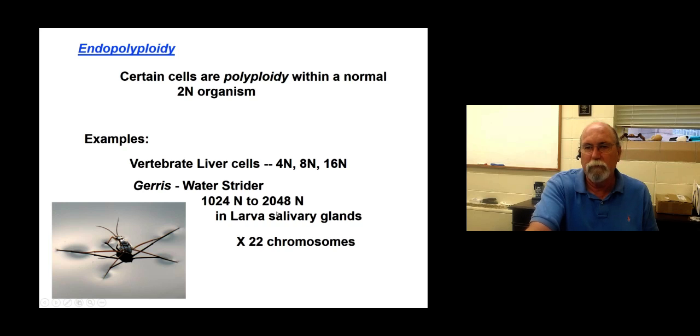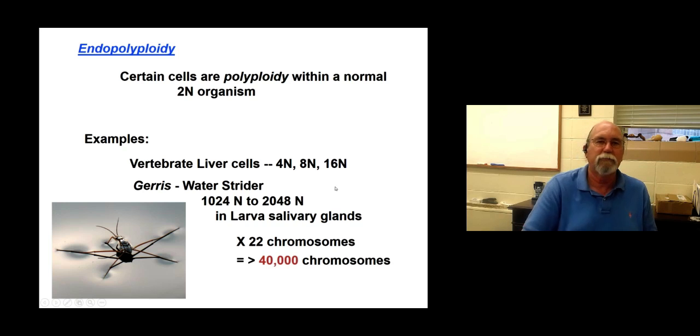So if you do all the math, some of these cells may have as many as 40,000 chromosomes in them. I don't know what poor undergraduate or graduate student was originally tasked to count all these, but that's the current estimate. So they're just packed full of these polytene chromosomes, which fill the cells up and make them essentially non-functional. So it's a runaway system.